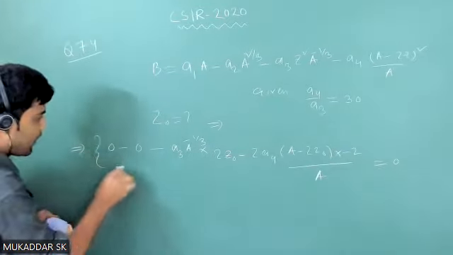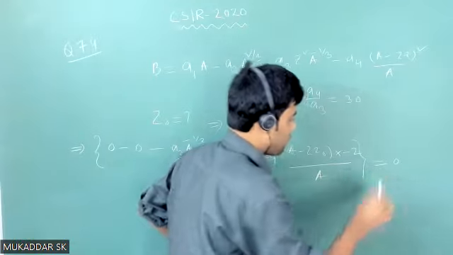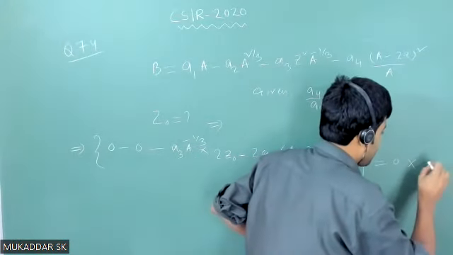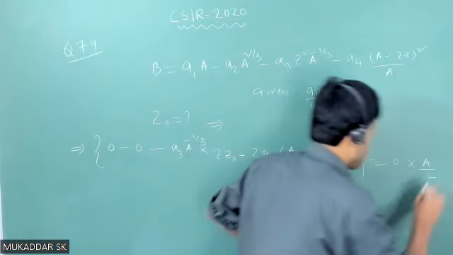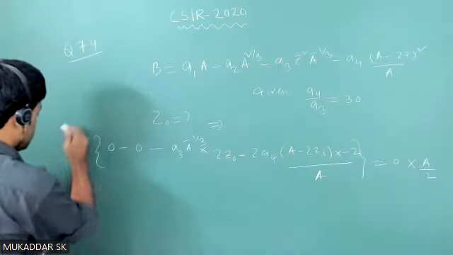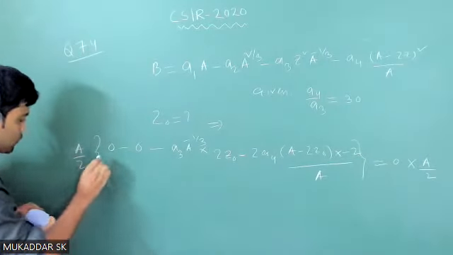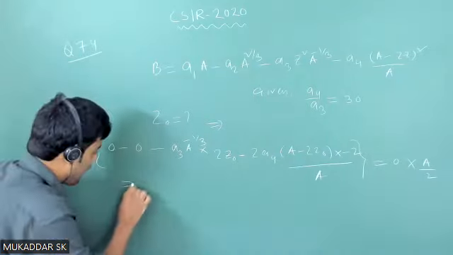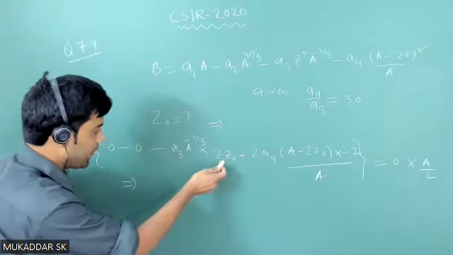Now if you multiply both sides by A and divide by 2, on the left hand side this 2 will be cancelled.